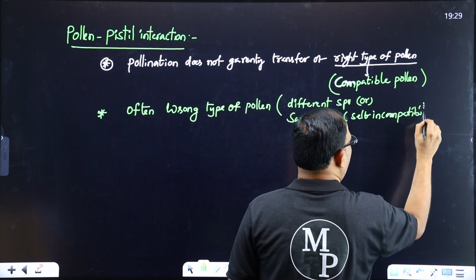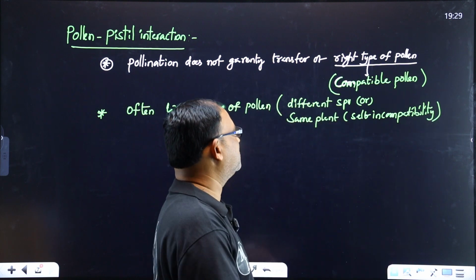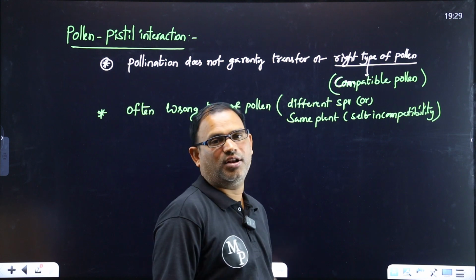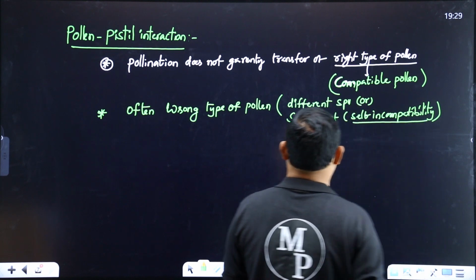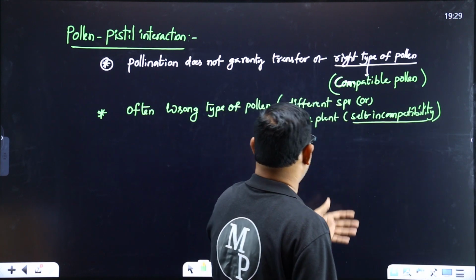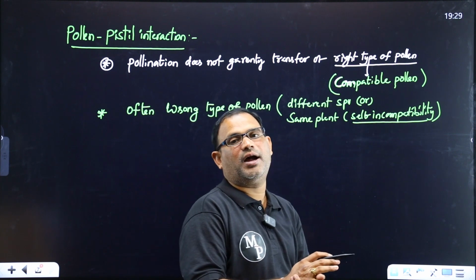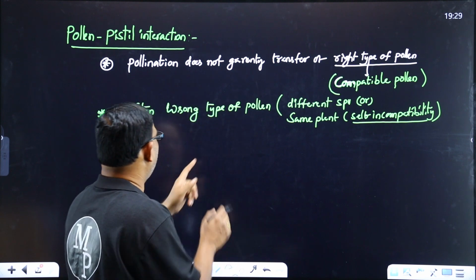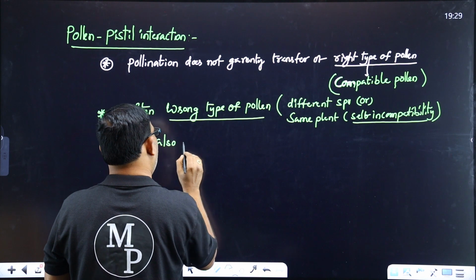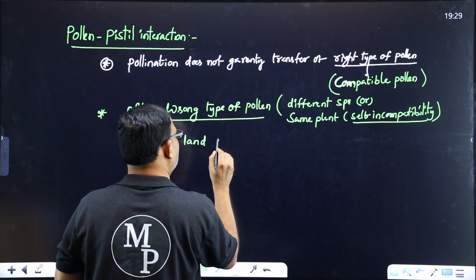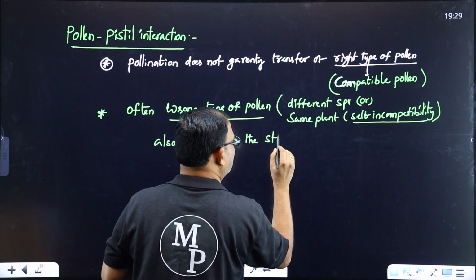Self incompatibility means the pollen grain from the same plant is not involved in the pollination mechanism. So the wrong type of pollen also lands onto the stigma.